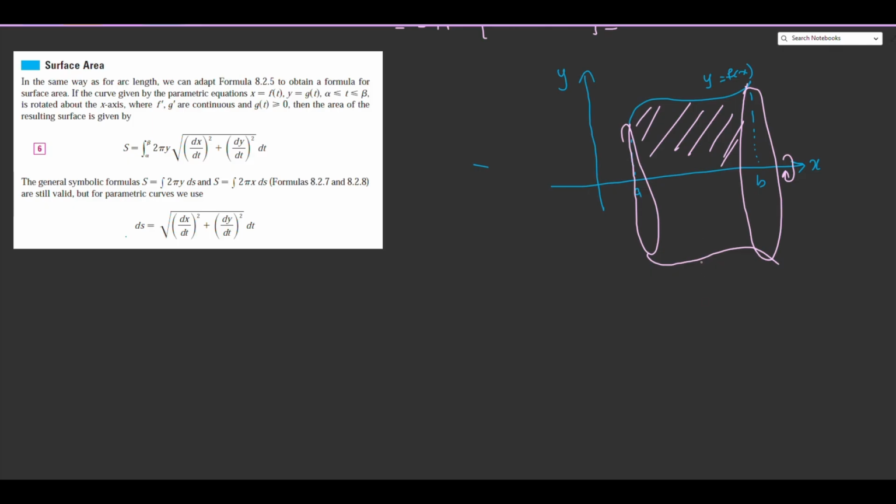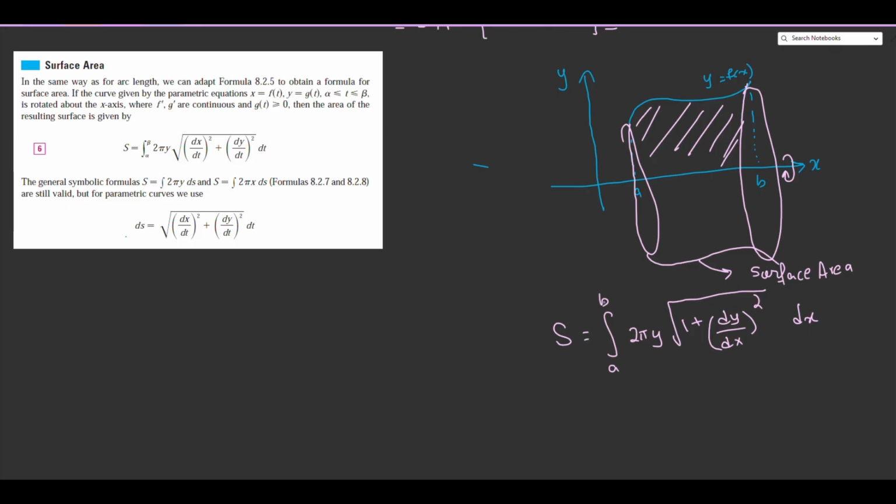We want to find the surface area of the surface generated by this, and that is given by this formula: 2 pi y under the root 1 plus dy by dx squared, and we integrate with respect to x, with limits of integration from a to b.